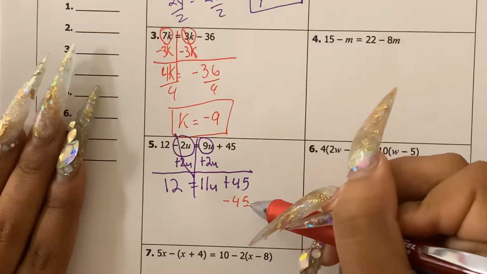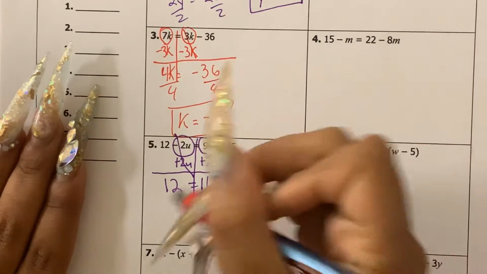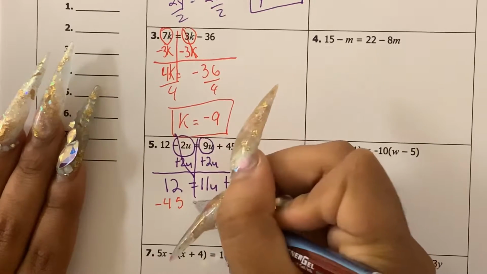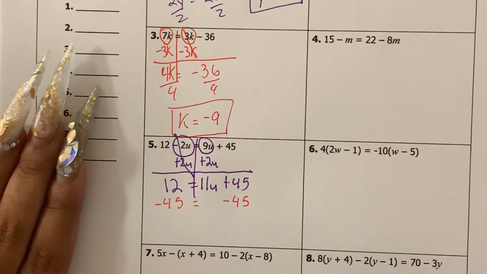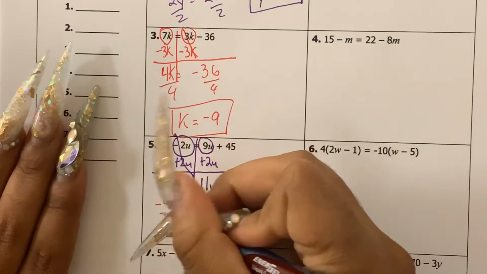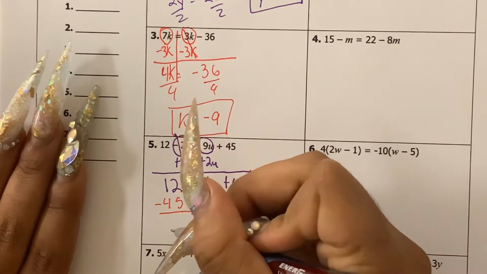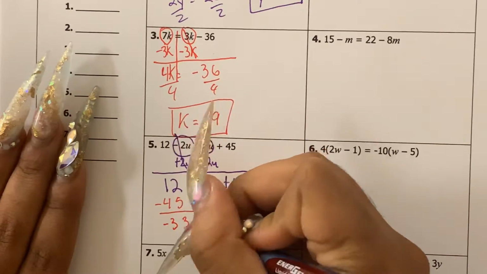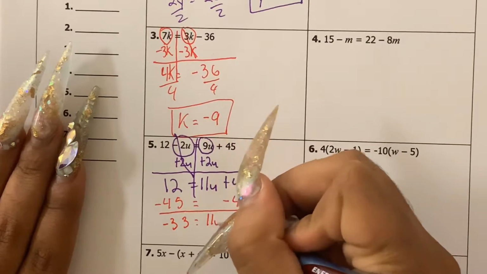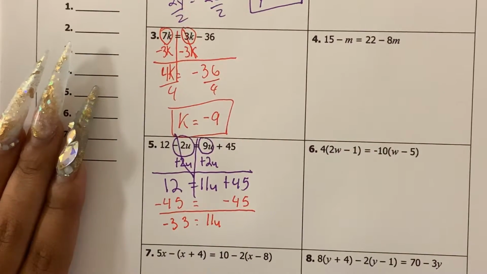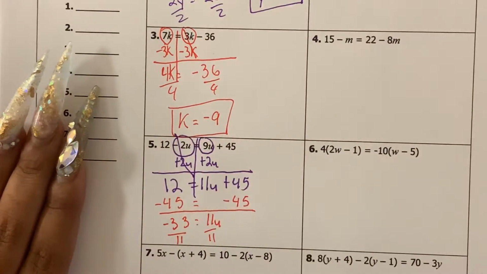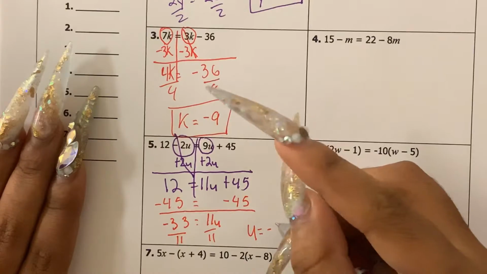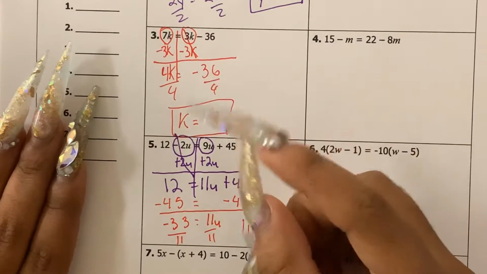So if it's plus 45, you're going to subtract 45 on both sides. 12 minus 45 is negative 33. Okay, now you divide. U equals negative 3.